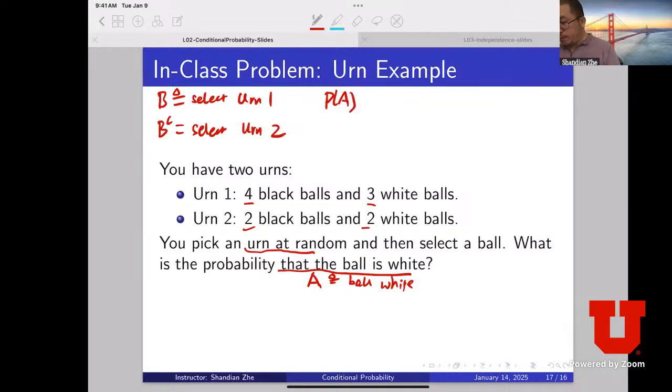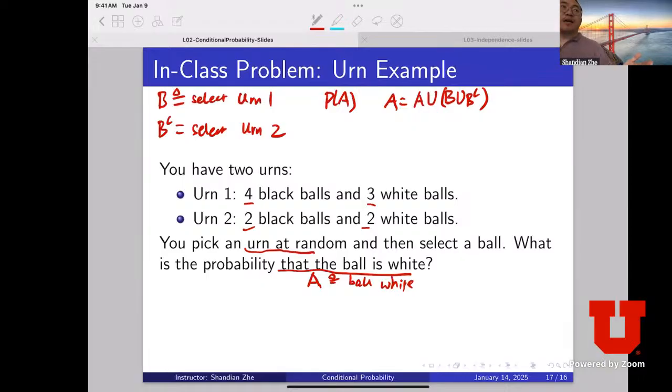So A is actually equal to the union of A intersection B and A intersection B complement. Do you agree with this?